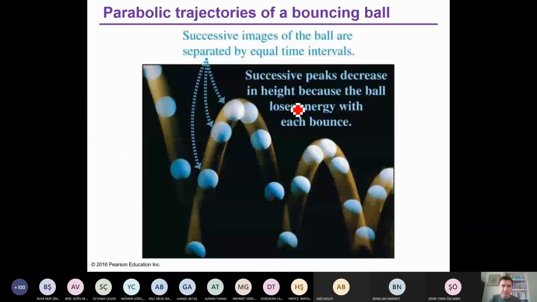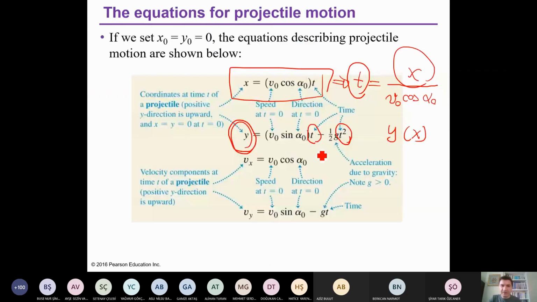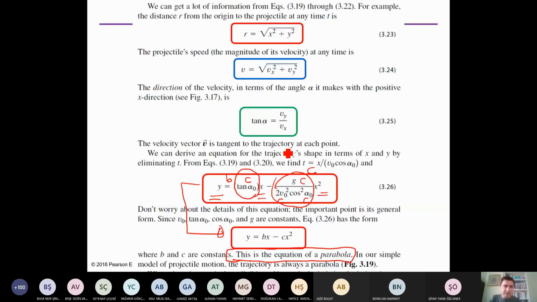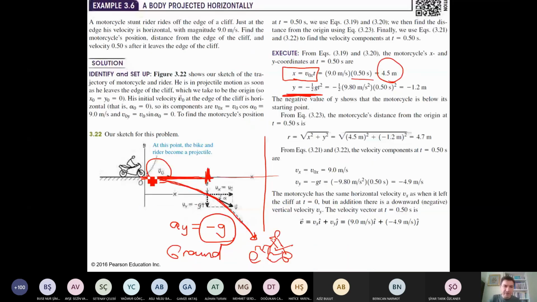And then for the y position, you have this term here. If the initial velocity along the y-axis is 0, then this term will be 0. So for the motorcycle, the initial velocity along the y-axis is 0. So v0y is 0, and v0x is different from 0.